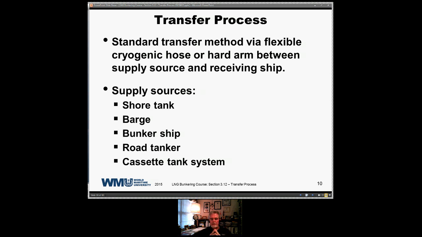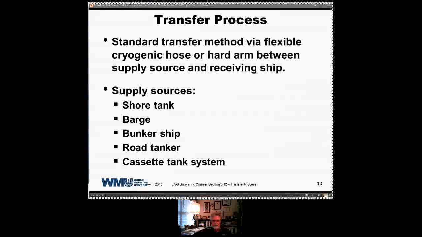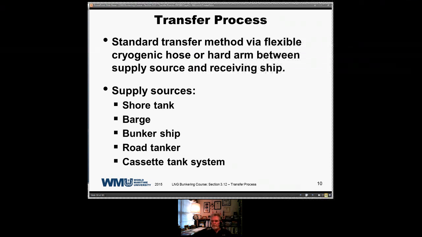As a consequence, we were towed into protected waters of the Philippines, and we conducted a ship-to-ship transfer from one of our ships to one of our sister ships. This was only the second time in the history of the LNG trade that a ship-to-ship transfer was conducted.